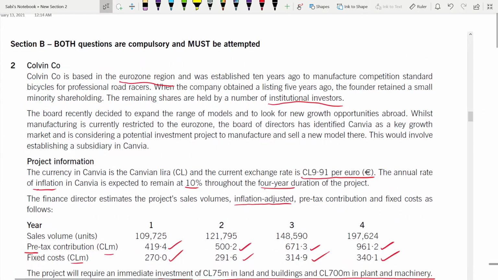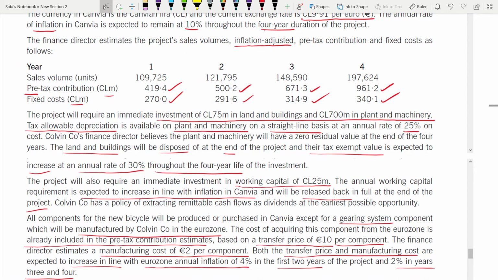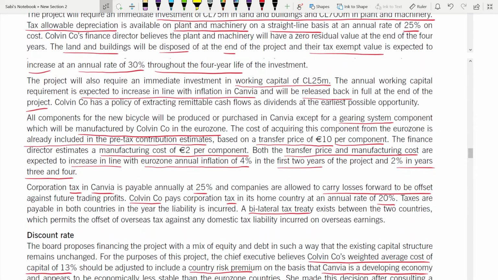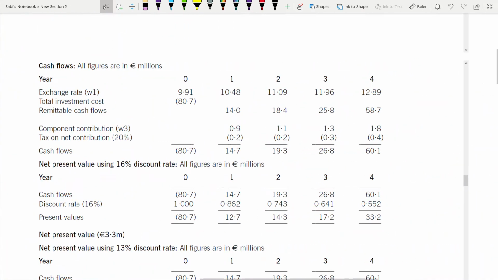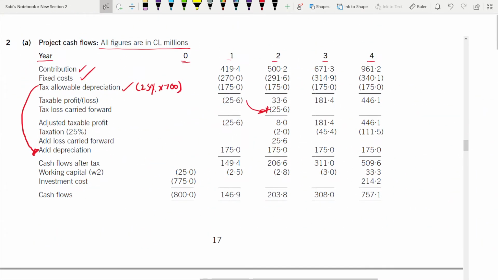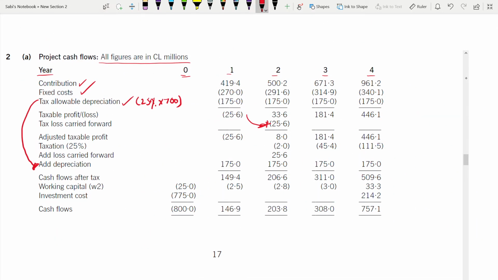Let's again go and check the tax rate, because there are two taxes. Yes, Canvia it is 25, correct. So you have to take Canvia's tax rate. So now on 8 you are taking 25%, which is 2. For the third and fourth year there's no issue, you can just take 25% on the adjusted taxable profit, and then the losses carried forward.